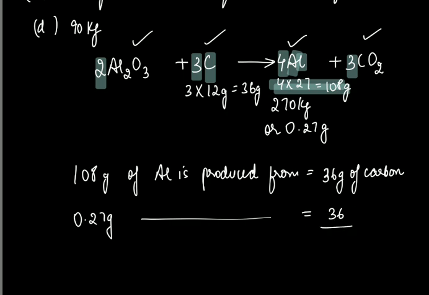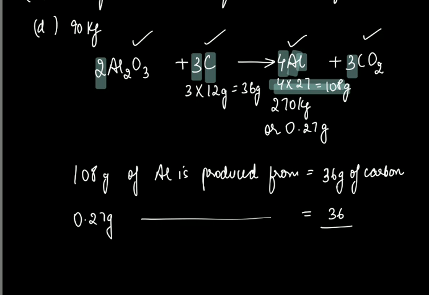Now crisscross. This is a simple unitary method that we use in mathematical calculations, right? Like if we have 15 eggs, which cost 15 rupees, then how many rupees will 30 eggs cost? That's a very simple example, but please understand, this is what we call crisscross.